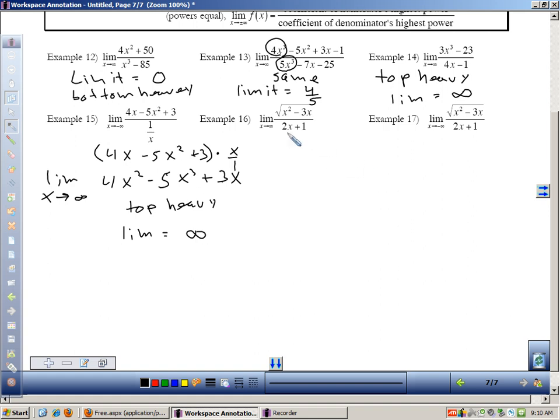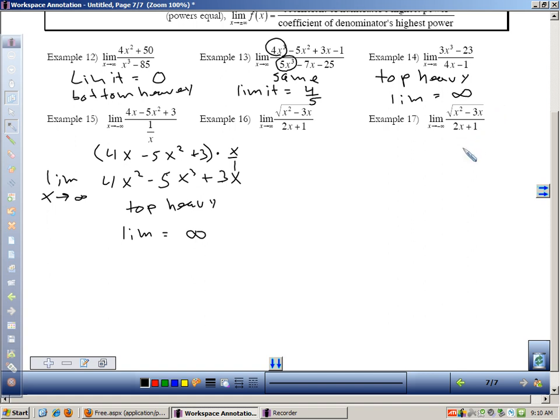And then I just want to look at one of these last two, and then we'll be done. I'm not going to go all the way through. I just want to give you a way to think about these. If we look at our rule, is this top heavy or bottom heavy? In the numerator, the highest power of x is x squared, but we have a square root.